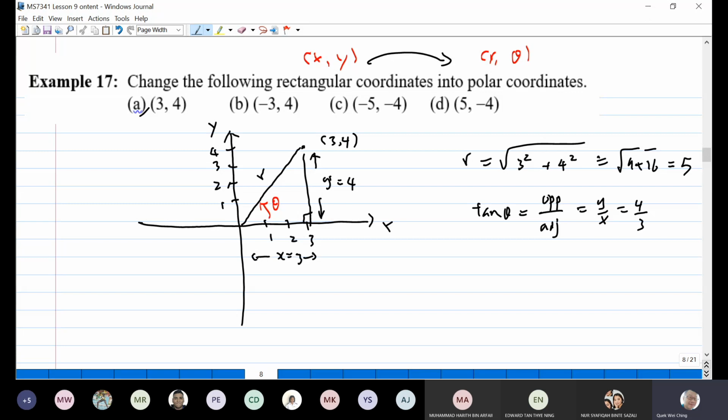So the theta you're looking for now is tangent inverse 4 over 3 now. So you press the calculator and find out what is this angle here.